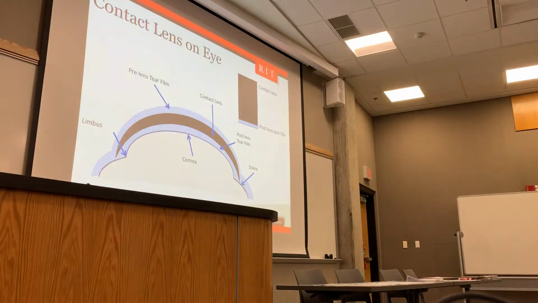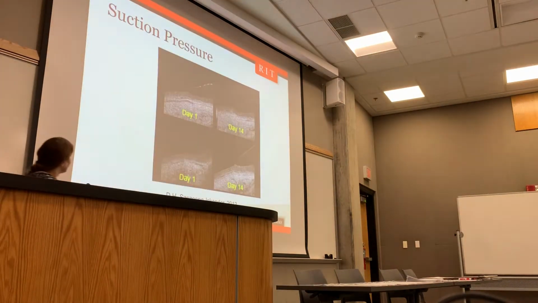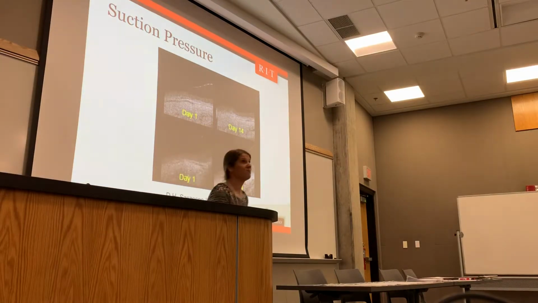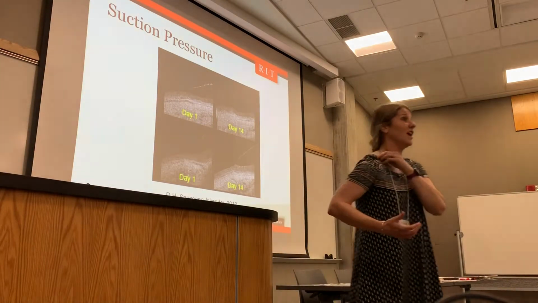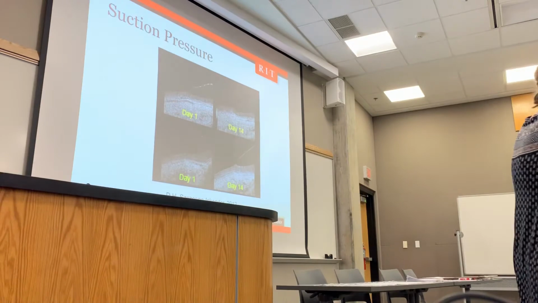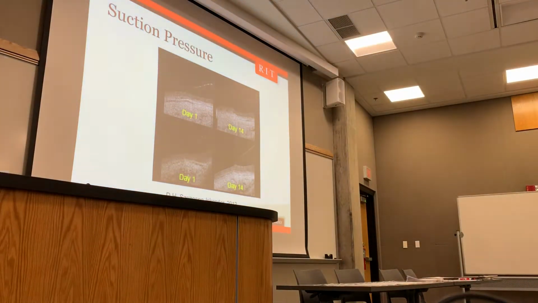And the contact lens, what it does is it pushes and pulls on your eye based on the design of the lens. And we think that that is linked to comfort. So the reason why we're studying this problem is because 30% of people stop wearing their contact lenses because they're uncomfortable. Right? So we want to try to minimize that number.